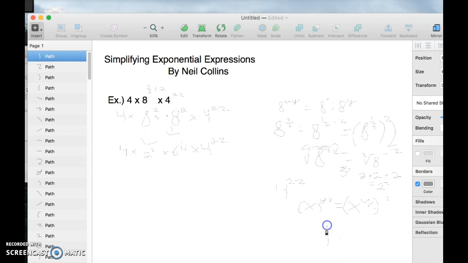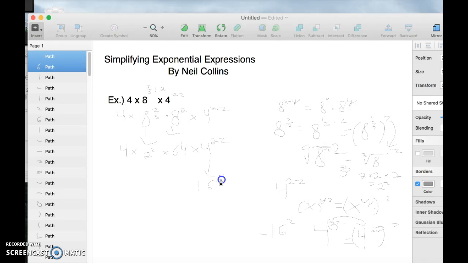So let's take 4 to the 2z. We're going to put that 4 in parentheses. That 2 right here is on the inside, so we're going to move it to the inside of the parentheses. 2, that z goes on the outside. 4 squared equals 16. 16 to the z power.